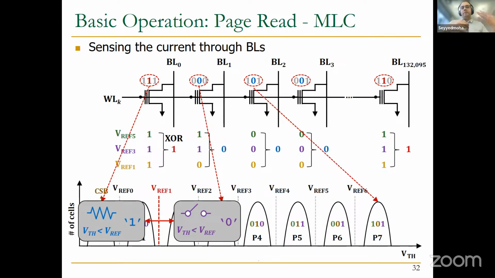So you apply different reference voltages, 5, 3, and 1, and you XOR the bits that you read, and in the end, you have the correct bits that are stored in the TLC flash.